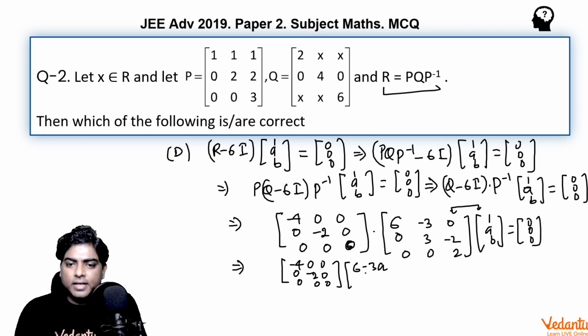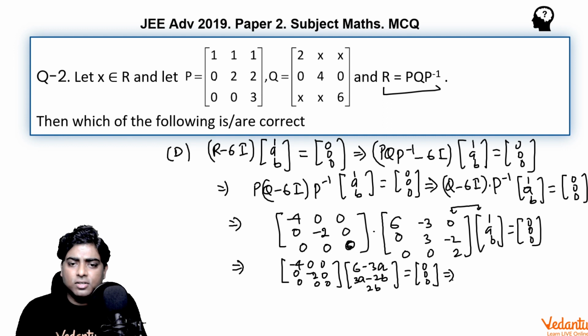Then it will be easy. You'll get minus 4, 0, 0, 0, minus 2, 0, 0, 0, 0, then 6 minus 3a, 3a minus 2b, 2b. Okay, so it is 0, 0, 0.